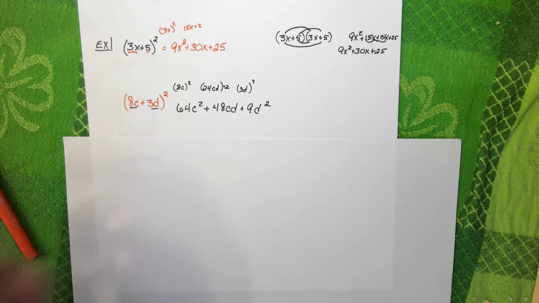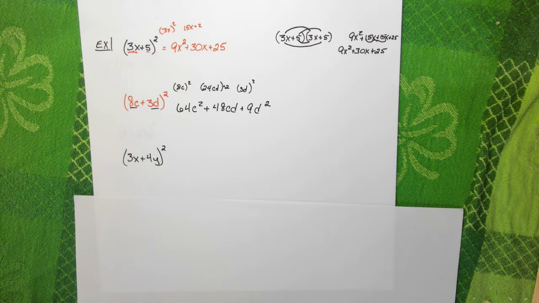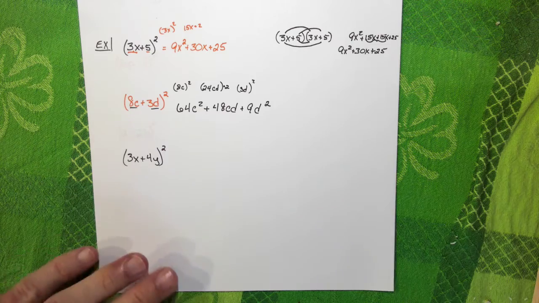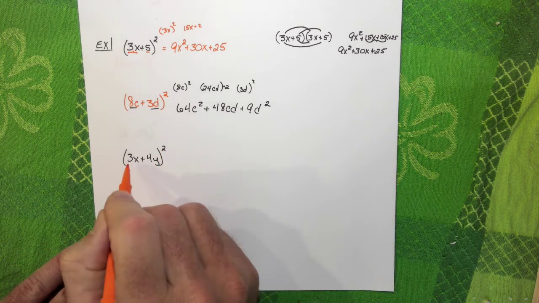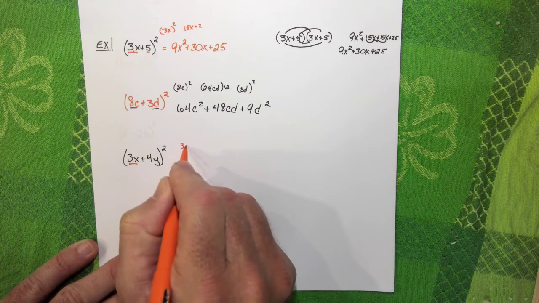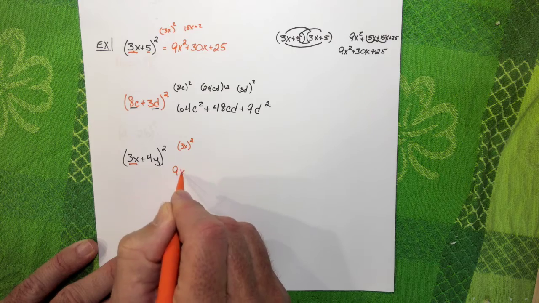One more example with the sums being squared. All right, so we see this. Again, what's going on in your head, or what should be going on in your head? I recognize, okay, plus sign being squared. First term, 3x, and I have to square that. 9x squared.